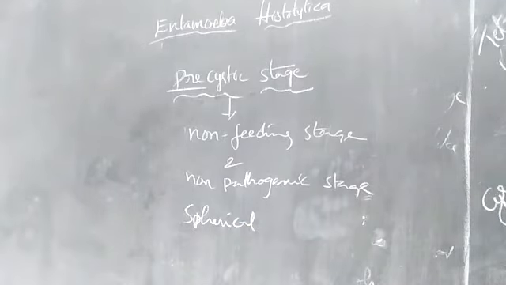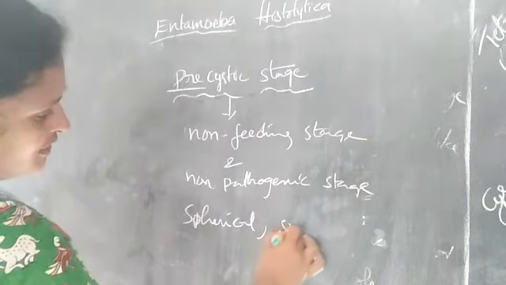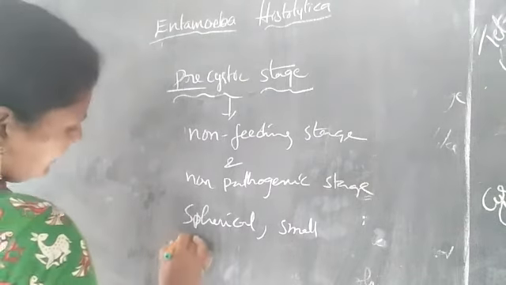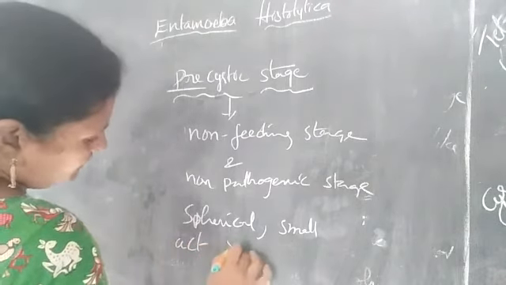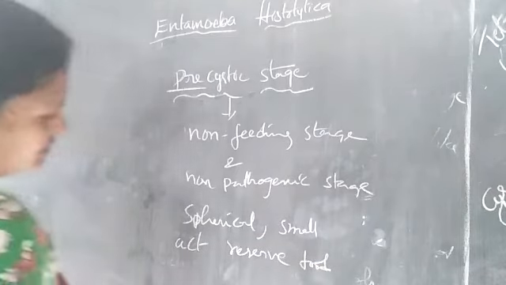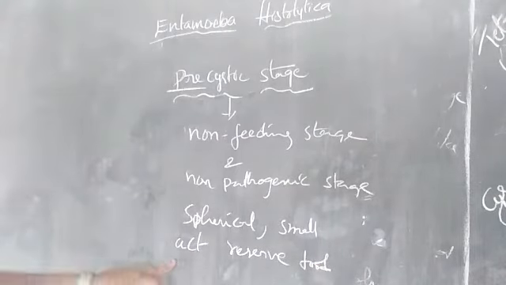It is a spherical-shaped structure, small in size. The food vacuoles act as a reserve of food.